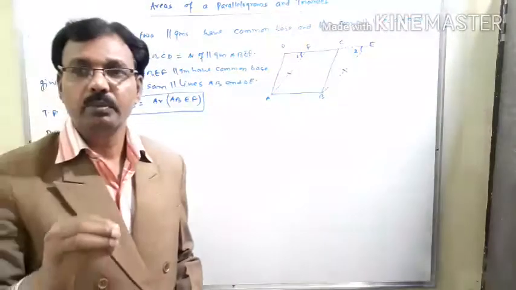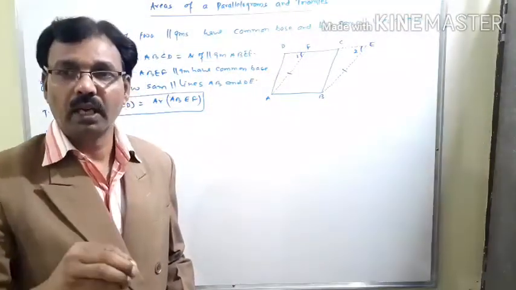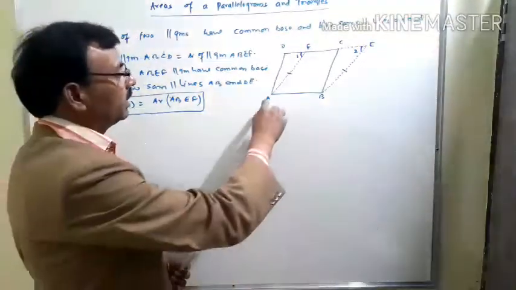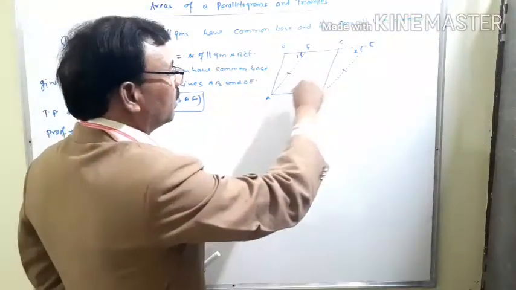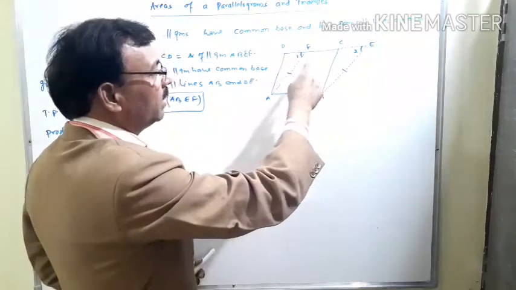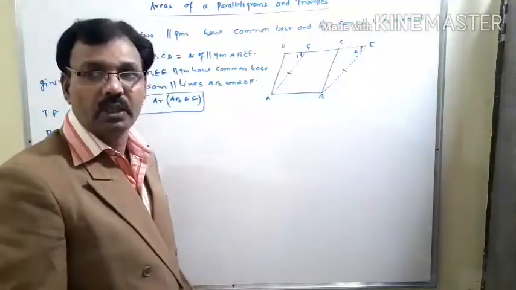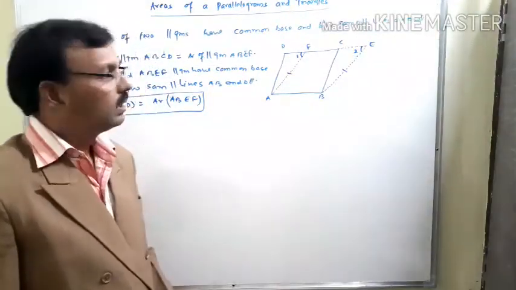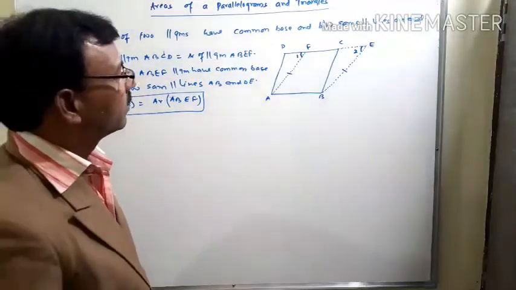Opposite sides of a parallelogram are parallel and also equal. That means AF and BE are parallel. Therefore angle 1 and angle 2 are equal, being corresponding angles by the property of parallel lines.